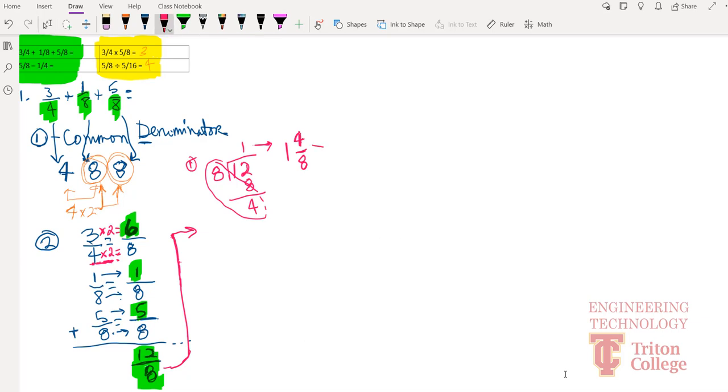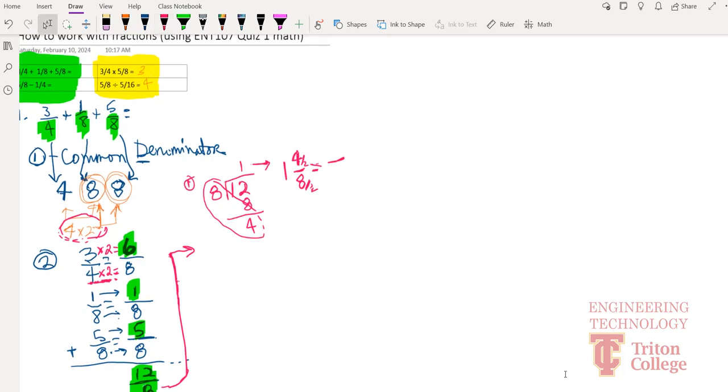So to simplify it, you realize what? Back to this conversation, remember that? 4 times 2 is 8. So you actually divide this by 2, divide this by 2, and what you find out is 1 and 4/8 is the same as, I'm going to try to clean this up a little bit before I give you the answer. 1 and 4/8 is the same as what? 1.